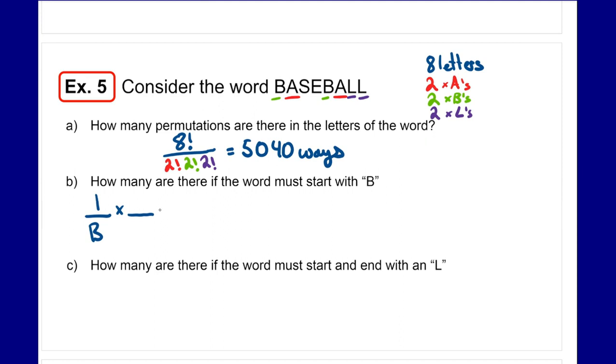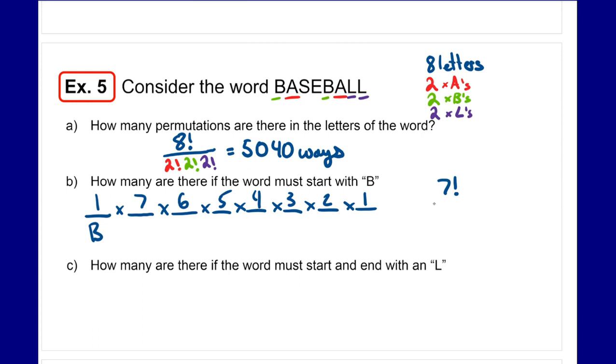Then in our 7 remaining spots, 1, 2, 3, 4, 5, 6, 7, we have 7 letters. So 7, 6, 5, 4, 3, 2, 1. That's how, if they were all unique letters, we would arrange them. So we would essentially have 7 factorial ways to arrange these letters if the word must start with a B.